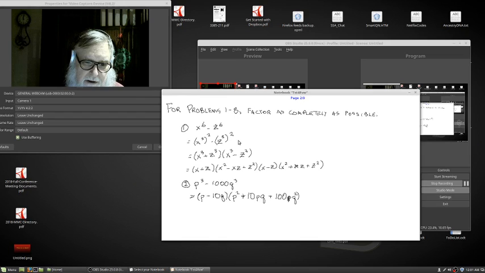And hopefully this is using all sorts of different coefficients and variables and whatnot than what's actually on any of your tests. So the first thing we do is we notice that x to the 6th is x cubed squared and z to the 6th is z cubed squared.